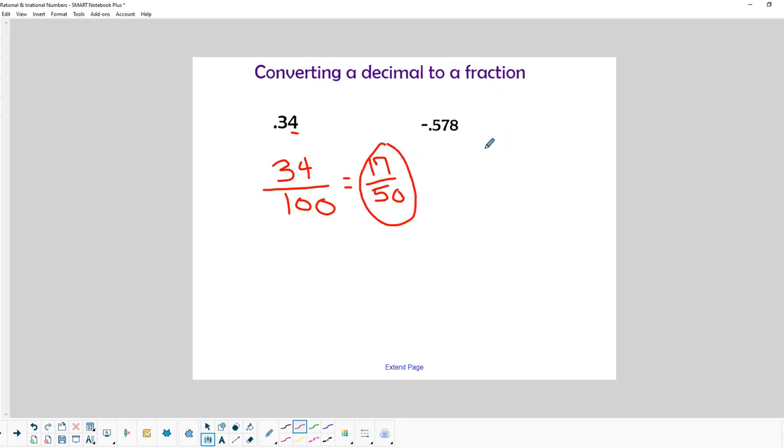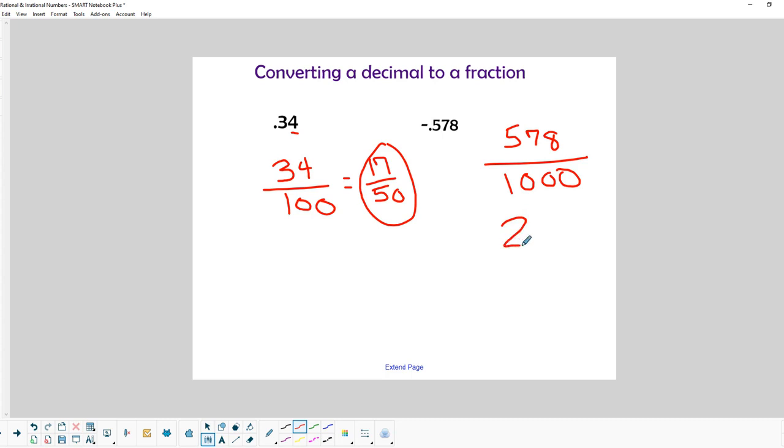How about this next one? Well, that's a negative number, but we would also write the digits 5, 7, 8. And then the bottom of the fraction, because the 8 is in the thousandths column, the bottom number is going to be 1,000. Now the question is, can you simplify that? If you put 578 over 1,000 on your calculator using the ABC fraction button, it does simplify.